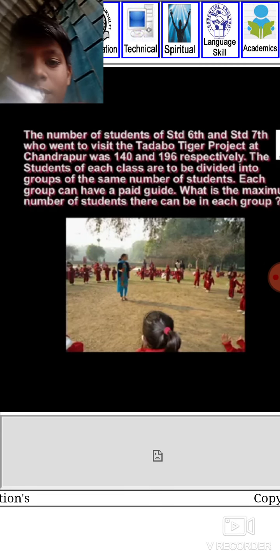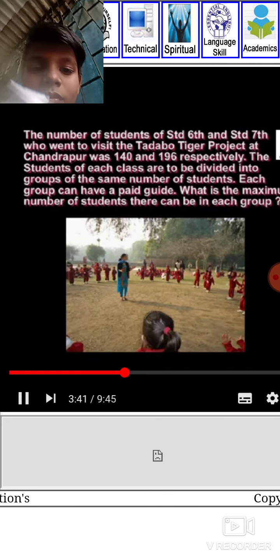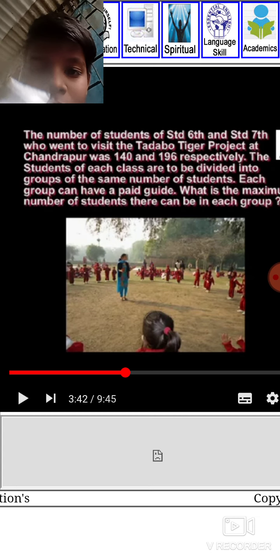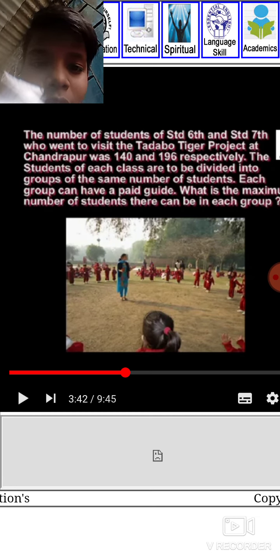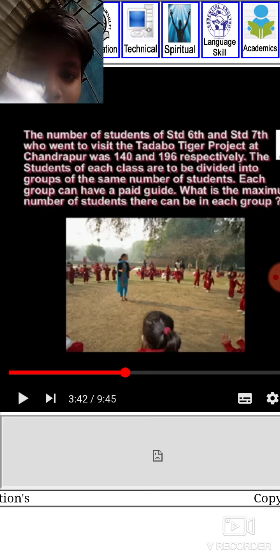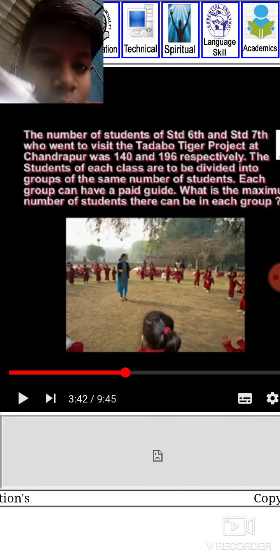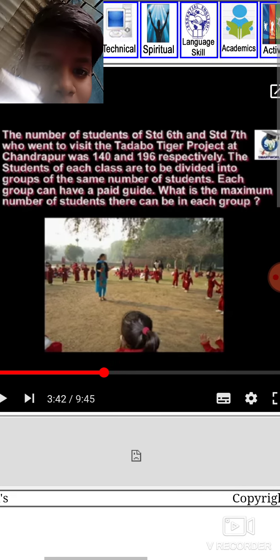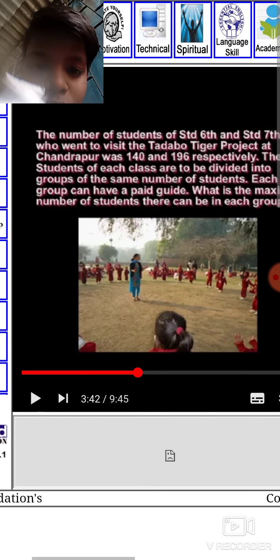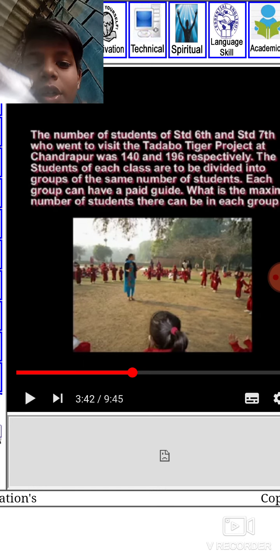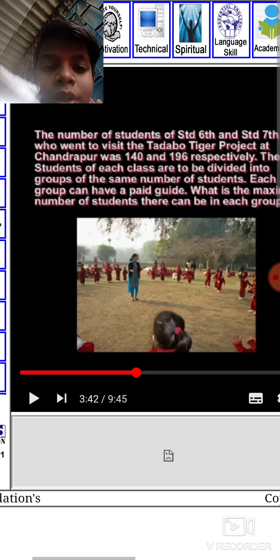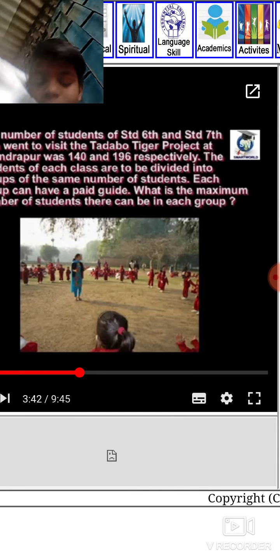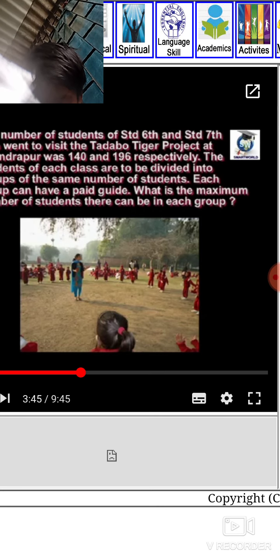Each group can have a paid guide. What is the maximum number of students there can be in each group?